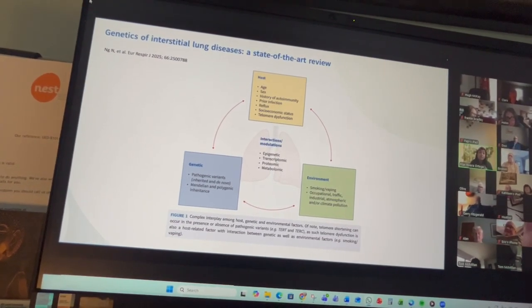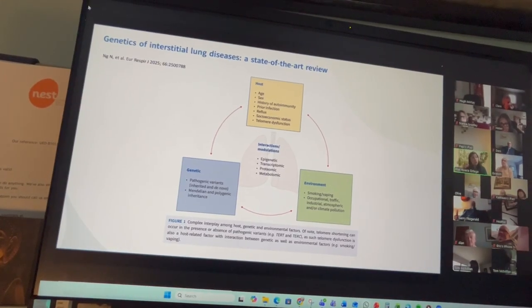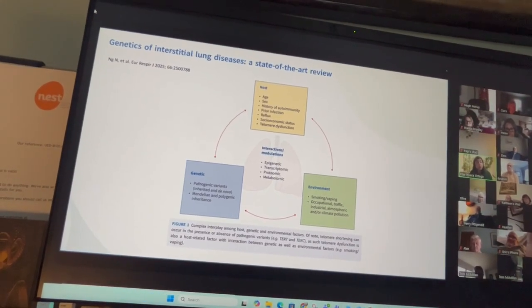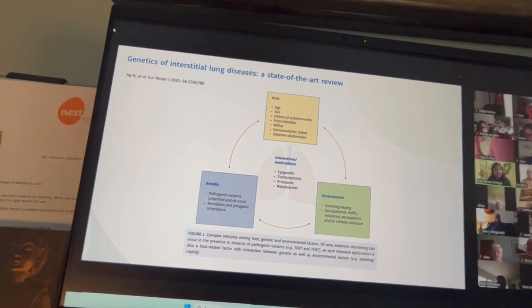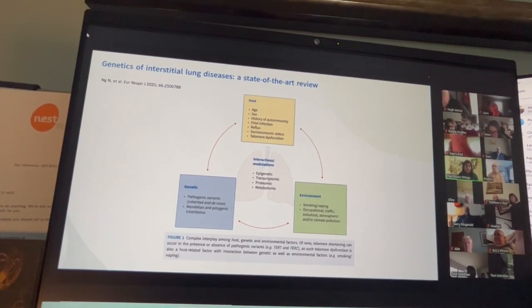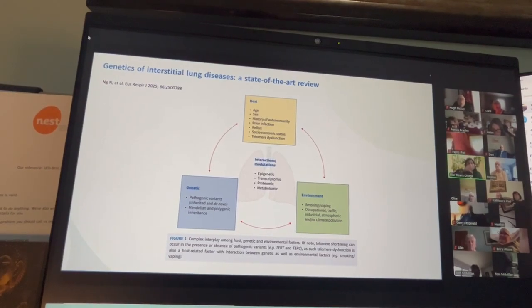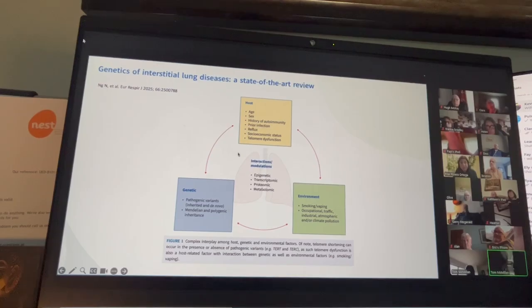So sometimes this infection, whether bacterial, viral, fungal or all together, can be the trigger to change the behavior or the natural history of the disease, and that could be dangerous.